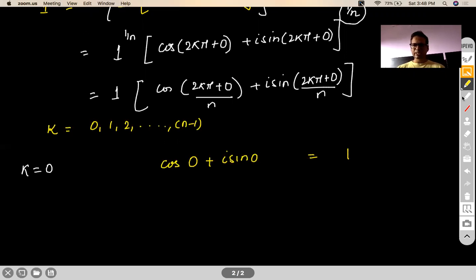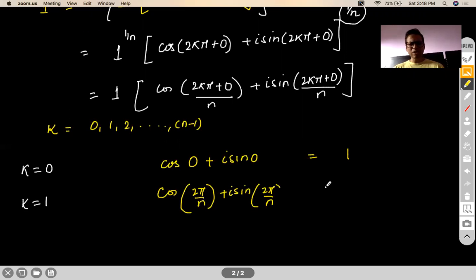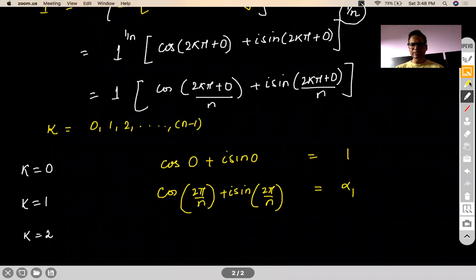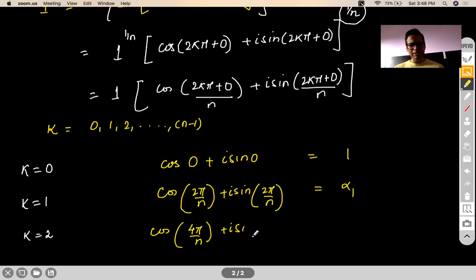If you put k as 1, you'll end up getting cos 2π by n plus i sin 2π by n. Let's call it alpha 1 for the time being. When you put k value as 2, you get cos 4π by n plus i sin 4π by n. Let's call this alpha 2.